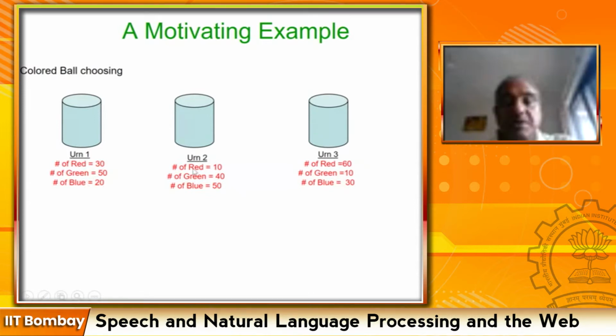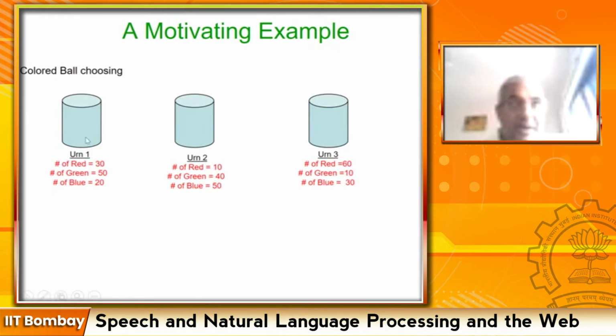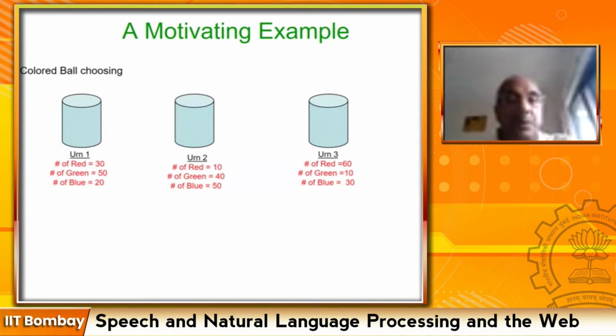The RGB distribution in urn 2 is 10, 40, 50. In urn 3, 60, 10, 30. So you can see that if you pick a ball with replacement, then the probability of a red ball conditioned on urn 1, given that urn 1 is chosen, is 0.3, that is 30 by 100.